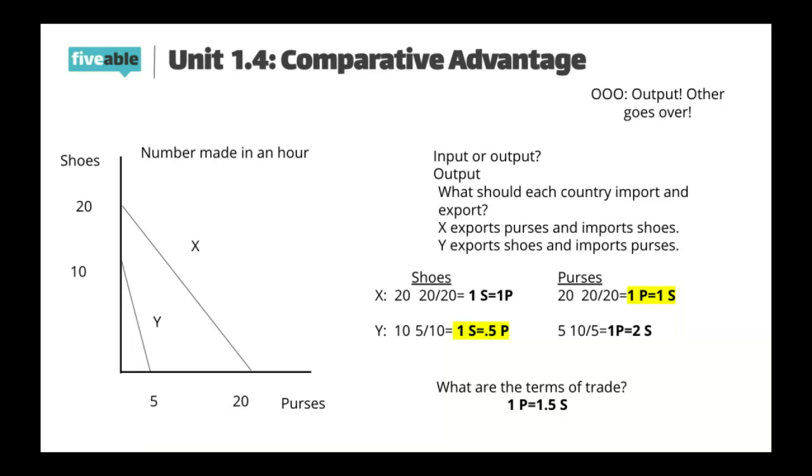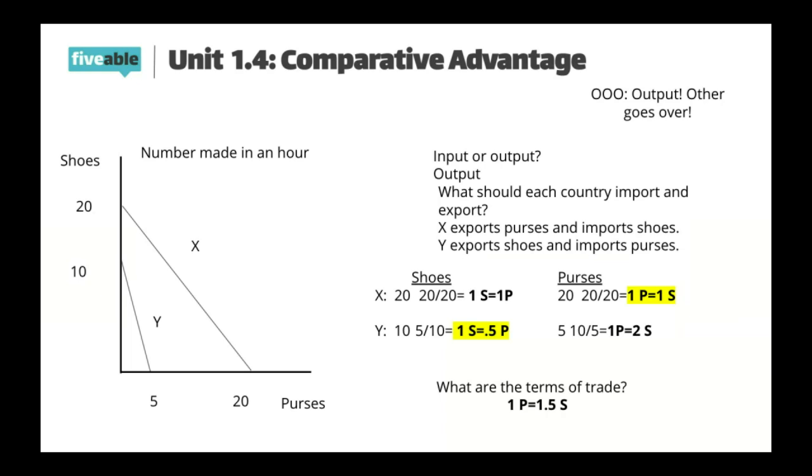Okay, now we got some things. Now I can compare apples to apples and oranges to oranges. If I'm looking to see who has the lowest per unit opportunity cost in the production of shoes, well, for country X, 1S equals 1P.